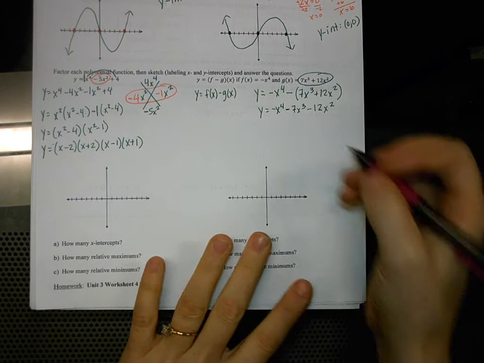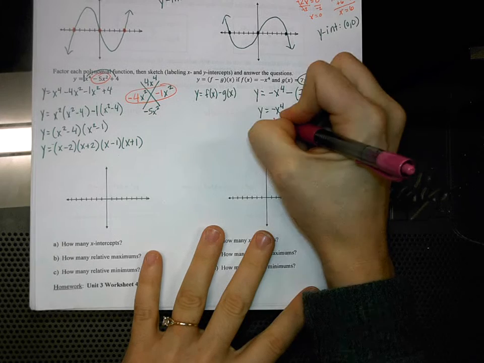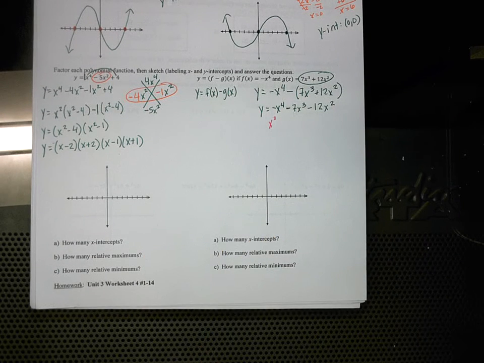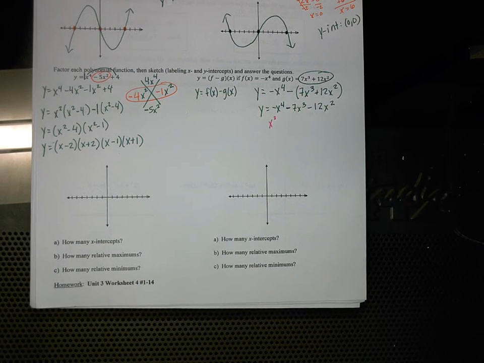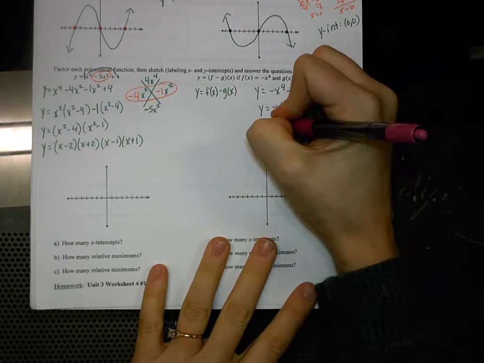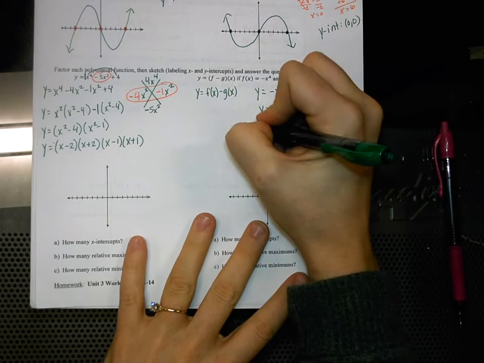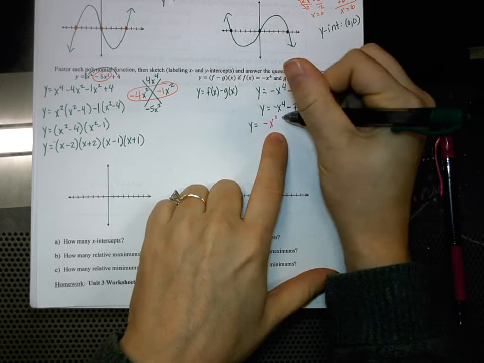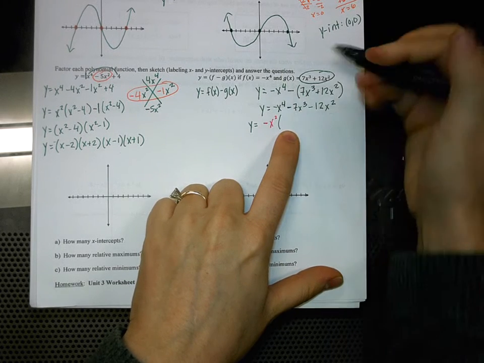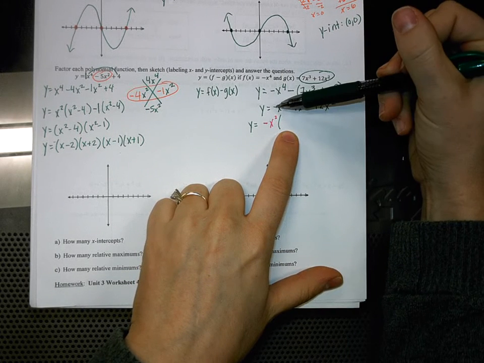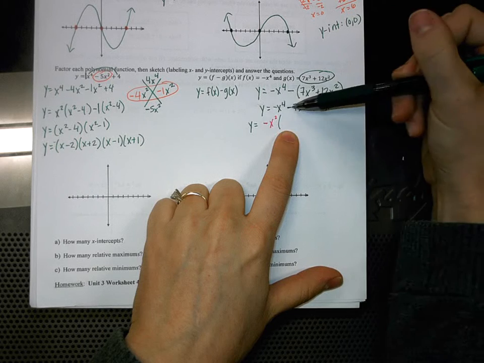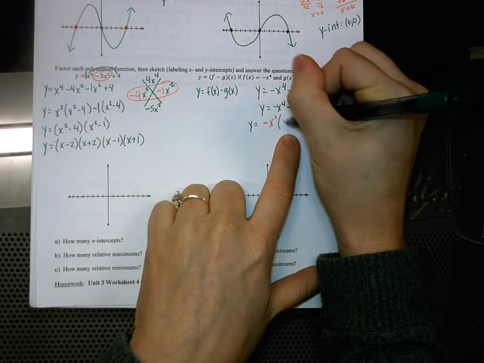I heard x squared. Anything else? I would factor out negative x squared because it's always easier to factor a polynomial that has a positive leading coefficient. So if these are all minus and I factor out a negative, they're now all positive.